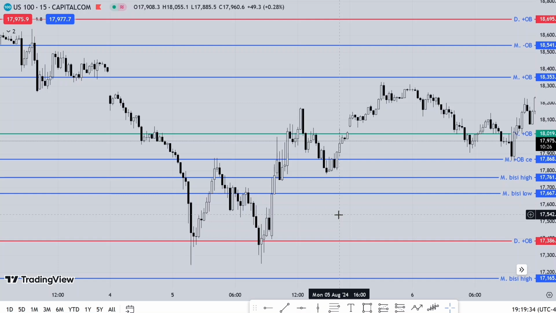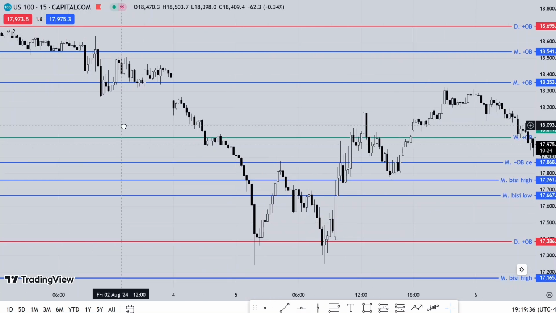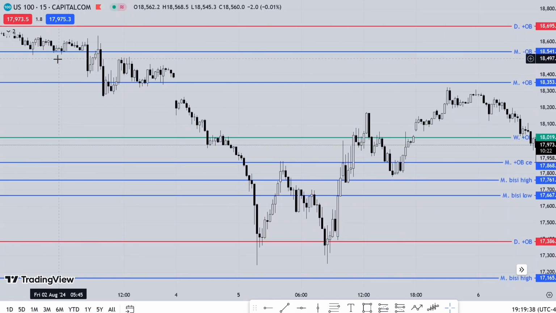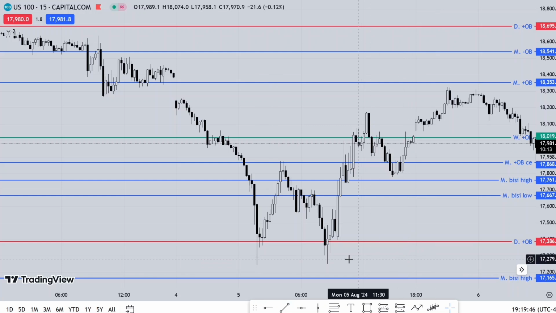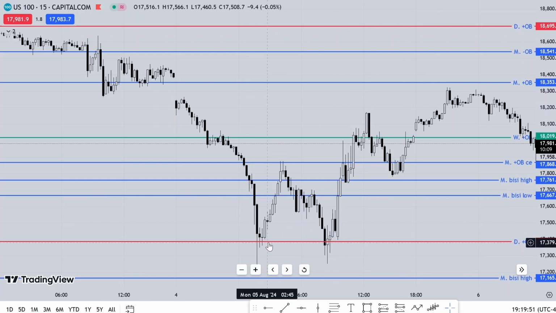So hence, when we had all of this drop here for last week's trading, the market came down to a key support level, which is this daily bullish order block. So price dropped down to the daily bullish order block, and as you can see, the wicks are not closing below this key level here when price made this first low here.